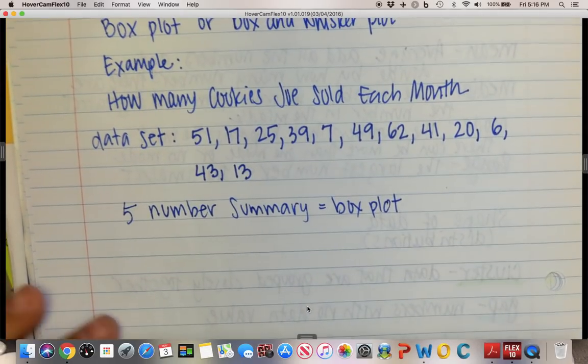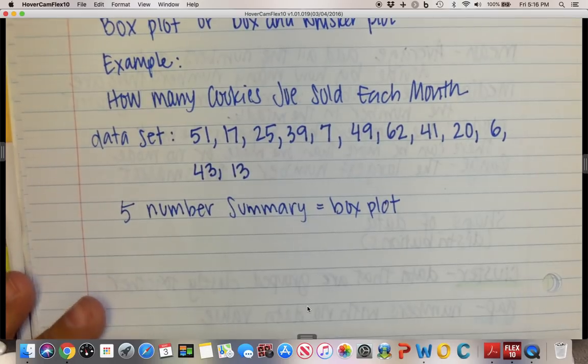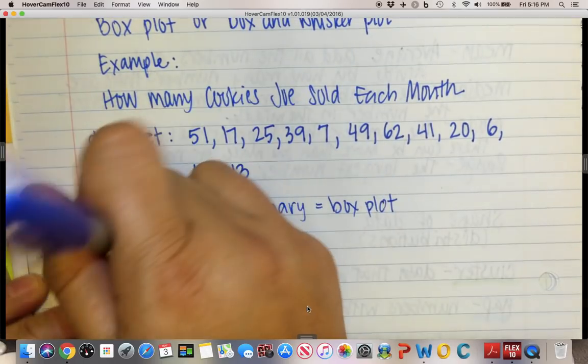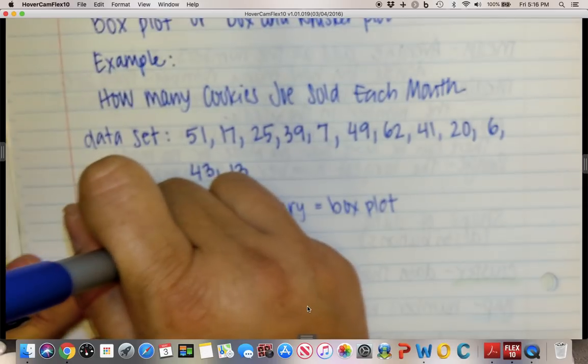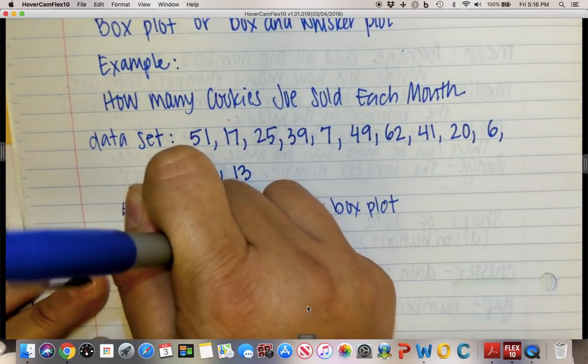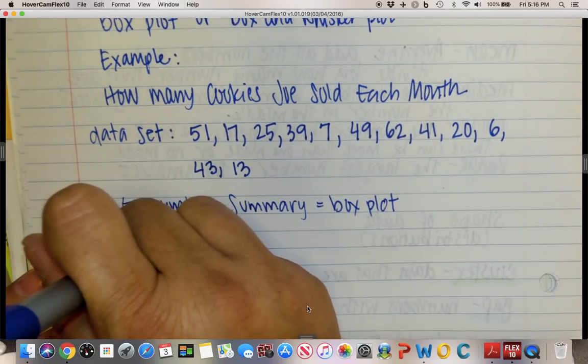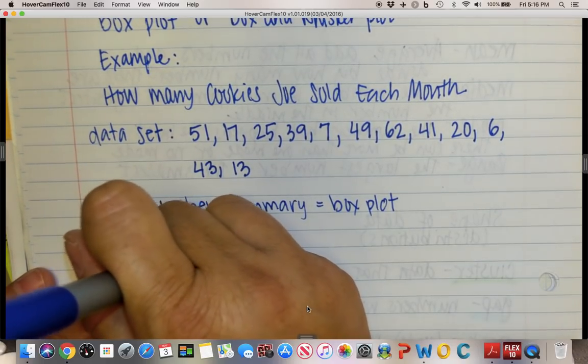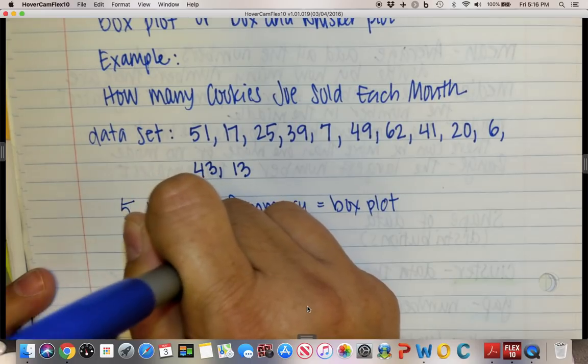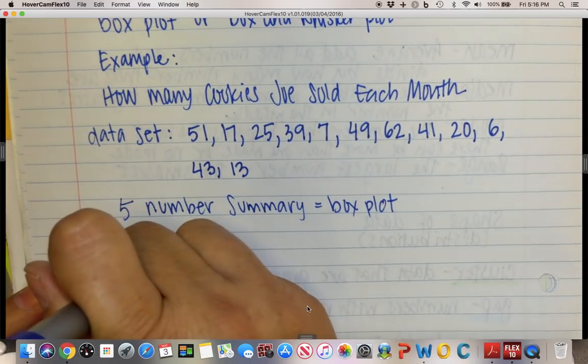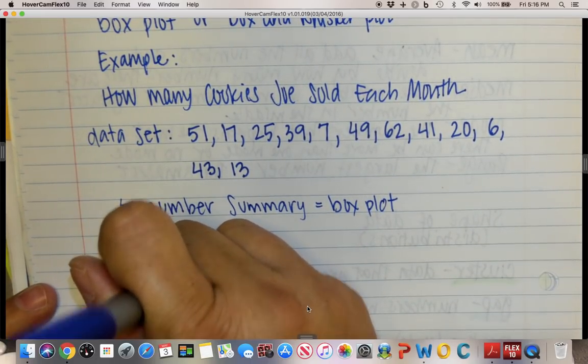All right. The first thing we do in our 5-number summary is the median. The second thing we do is find the lowest. The third thing we do is find the highest.